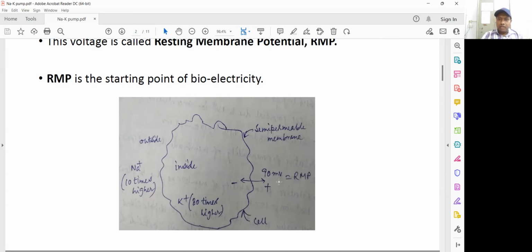And this 90 millivolt we call the resting membrane potential. Why resting membrane potential?